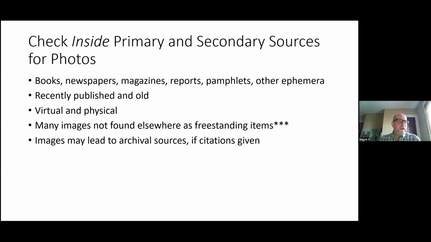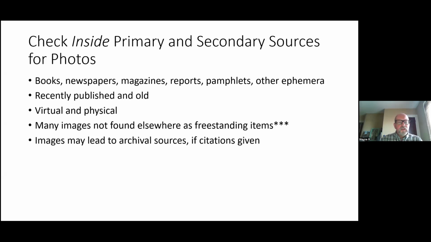So the sources can be books, newspapers, magazines, reports, pamphlets, and other ephemera. They could be recently published, they could be very old. They could be found online or something you actually hold, something physical. And critically, many images are not found anywhere else as freestanding items. In other words, things that I've come across and that you may come across in books and other primary sources may not show up in photo collections.